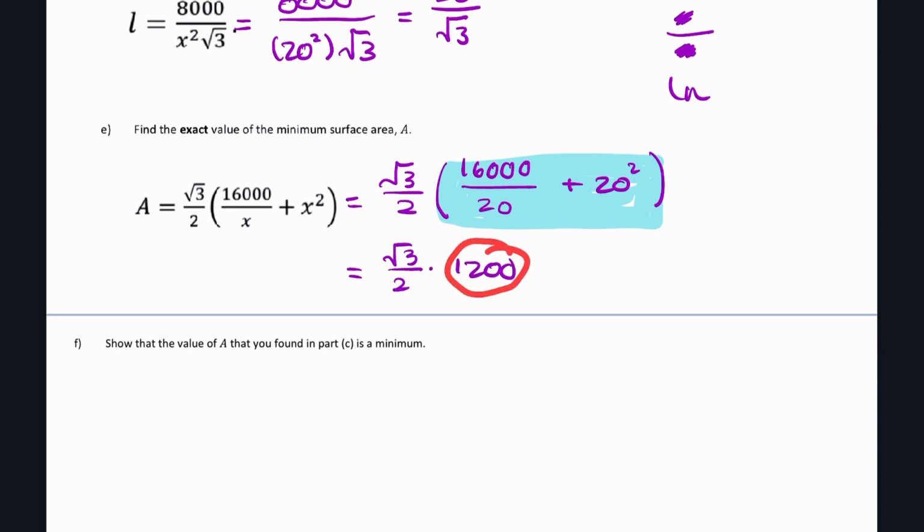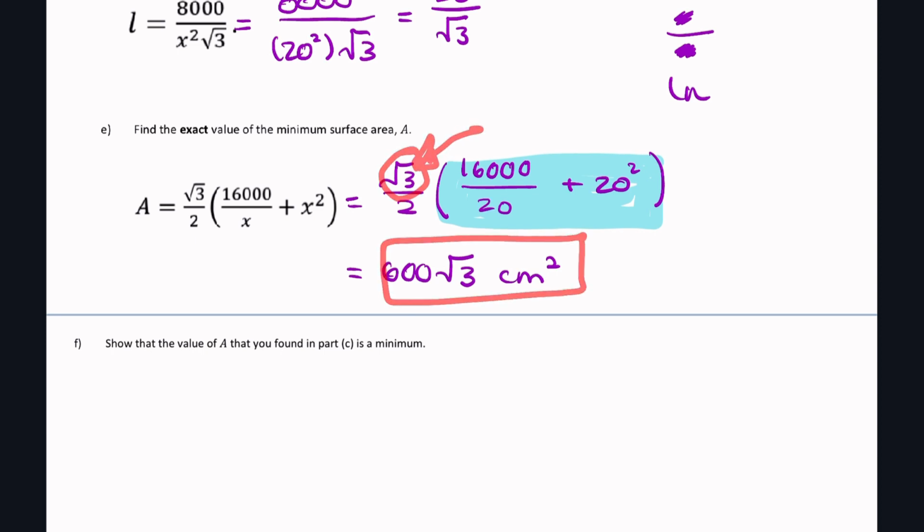Now 1,200 divided by 2 is 600. So you can just say 600 root 3. And the unit will be centimeter squared because it's area. Now make sure you don't put the root 3 in your calculator because then you won't get an exact value. They're asking for an exact value.